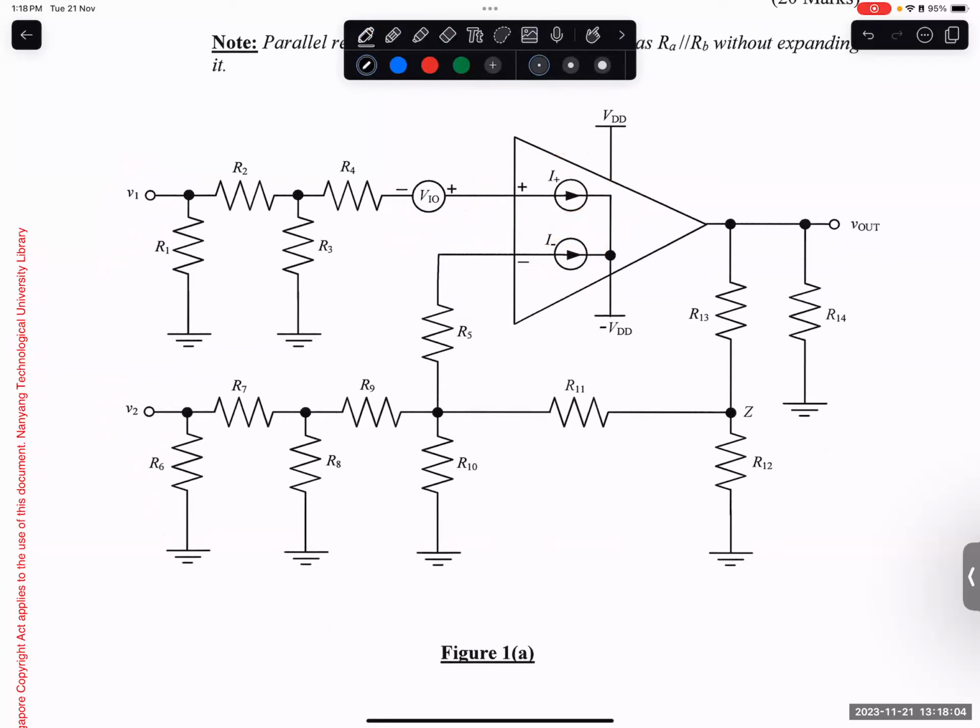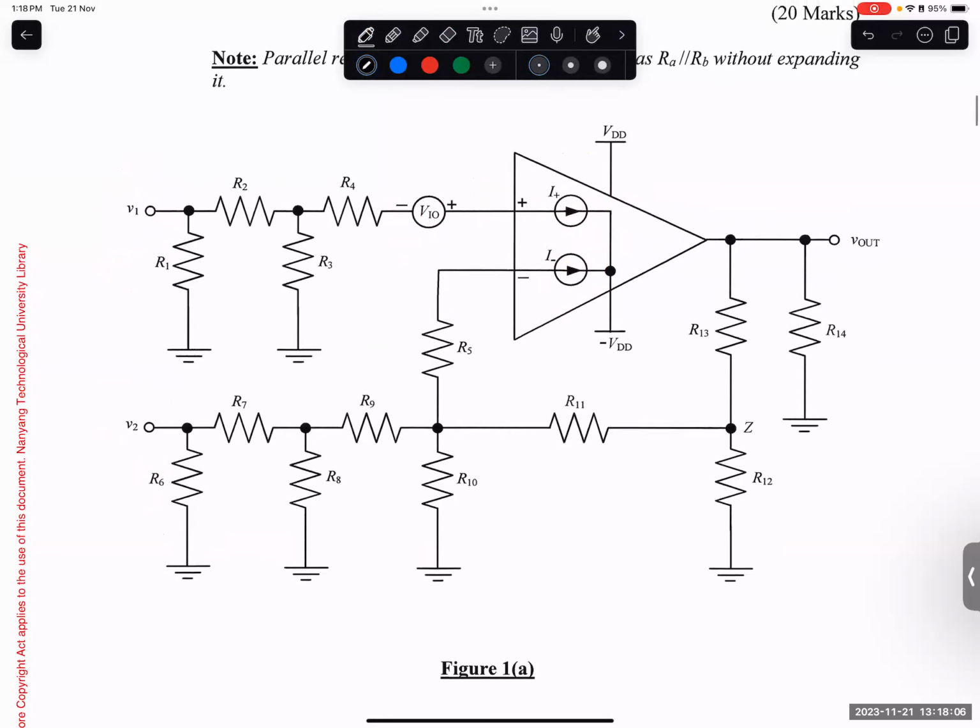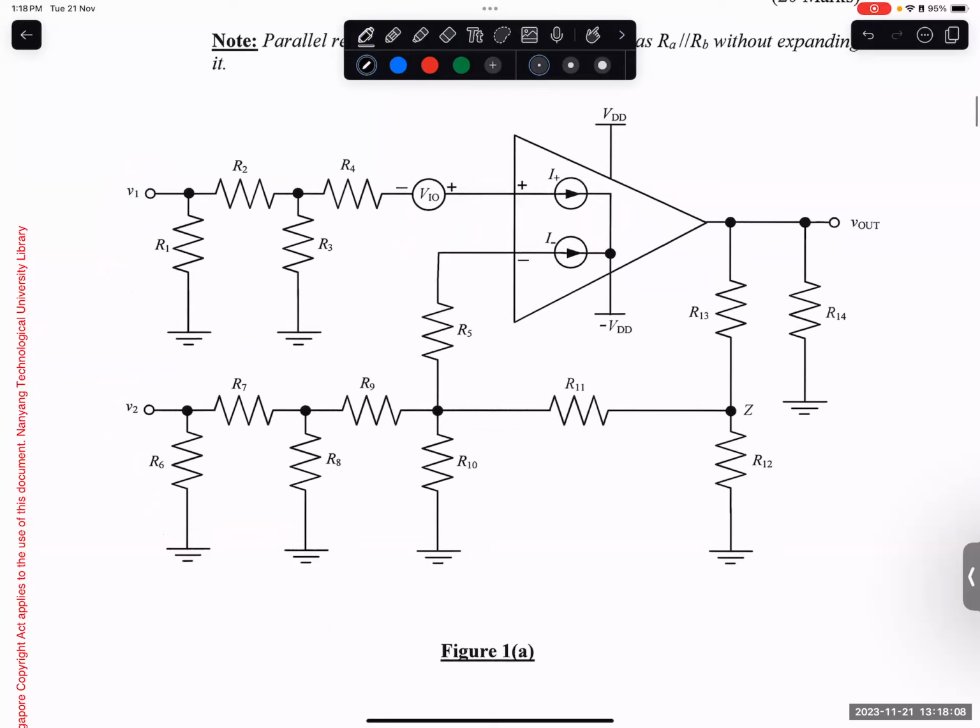Okay, we do V1 first. So how do we start with V1? Ground V2. Yeah, ground V2 is 0 volts. So I think we can find the voltage here. Should be quite easy, right? So this voltage is actually just V1 multiplied by R3 over R2 plus R3.